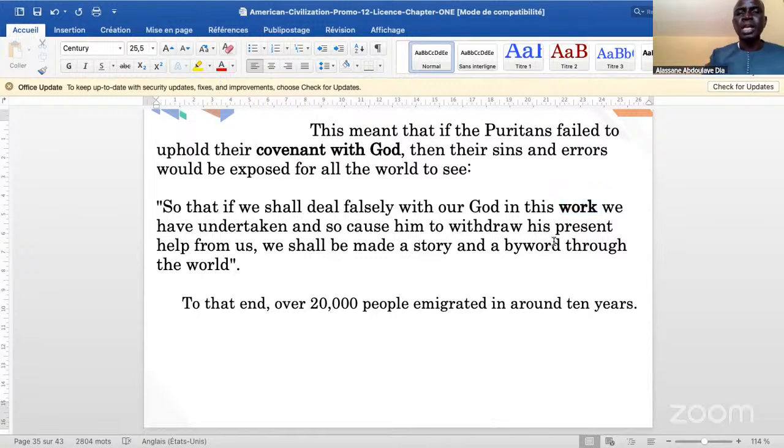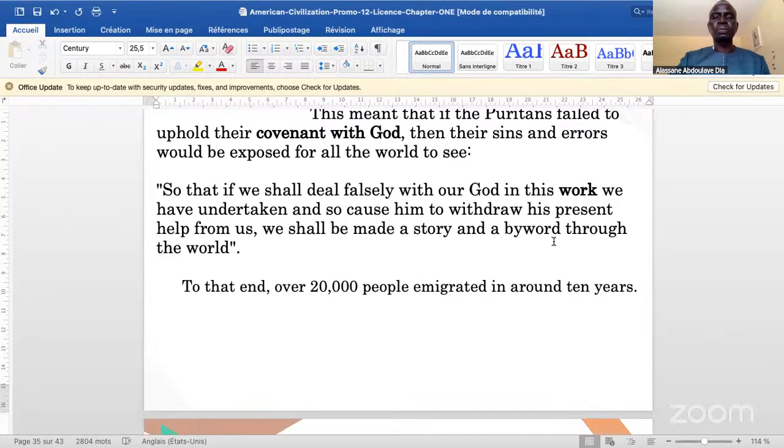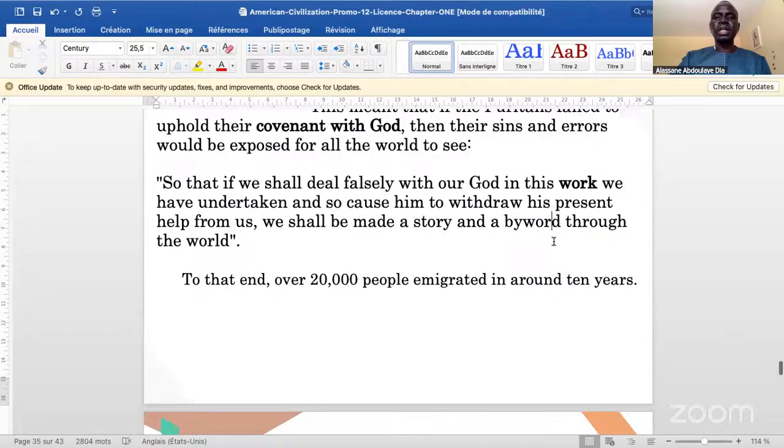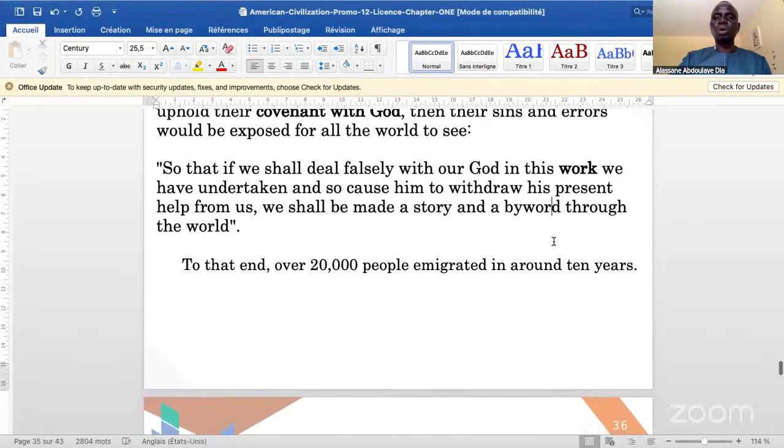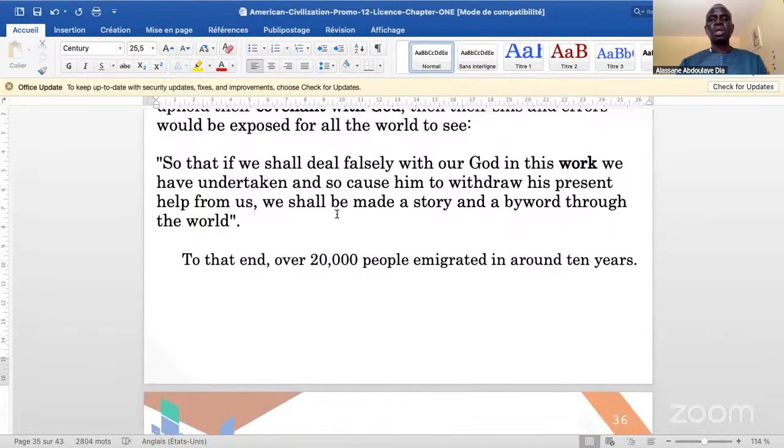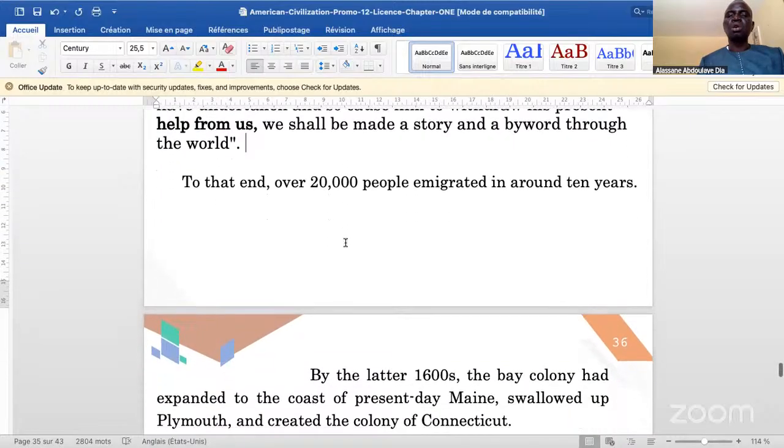So John Winthrop said, if we shall deal falsely with God in this work we have undertaken and so cause him to withdraw his present help from us, it means God will stop helping us if we stop respecting him. And we shall be made a story and a byword through the world. And this means that God will expose us, humiliate us. That's what John Winthrop wanted to say.